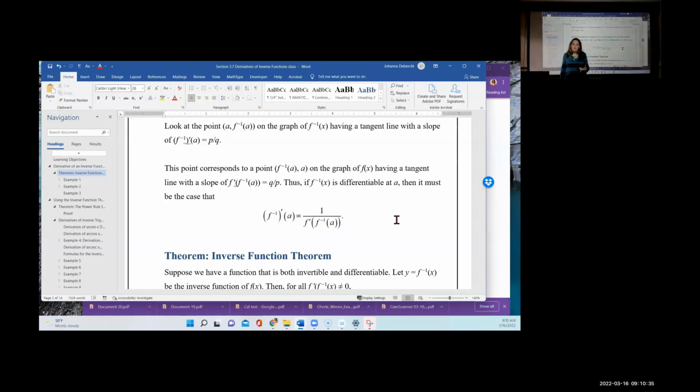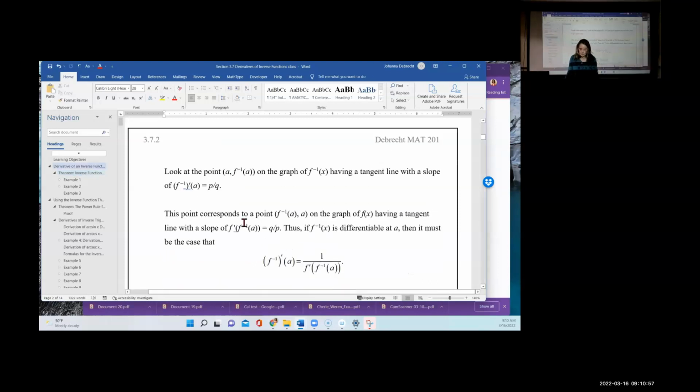Now, in order to do that, that means that we have to know the original function and we have to know the inverse function. And this is why we don't use this formula very often, because we don't often know both of those pieces of information. And finding the inverse function from the function is a lot of work. You have to swap the x and y variables, and then you have to solve for y again.